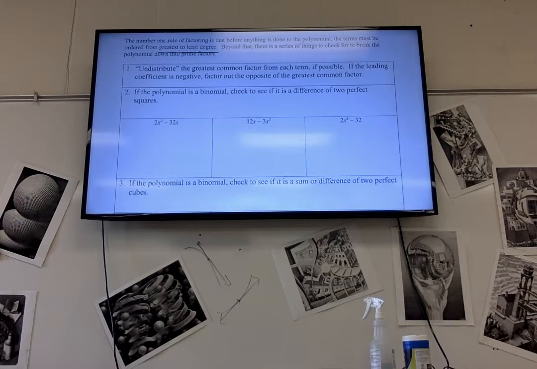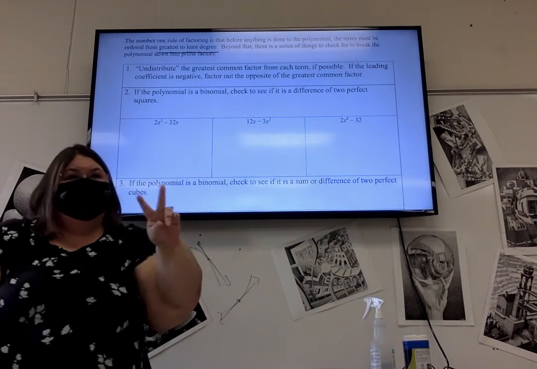Okay, and then number 2, if it's a binomial, what does bi mean? If you have bilateral, what does that mean? Or bicycle? 2, thank you. Yes, it means 2.